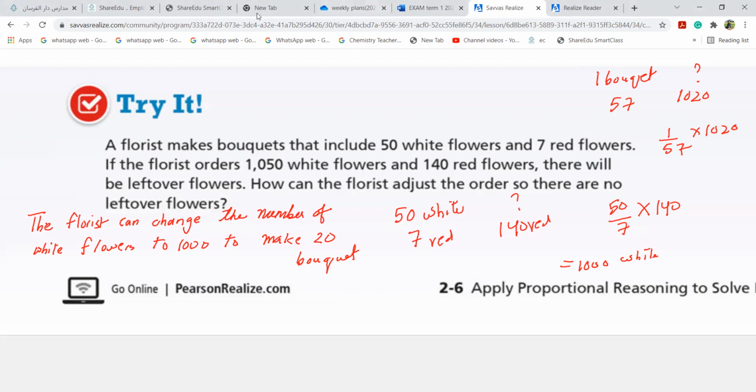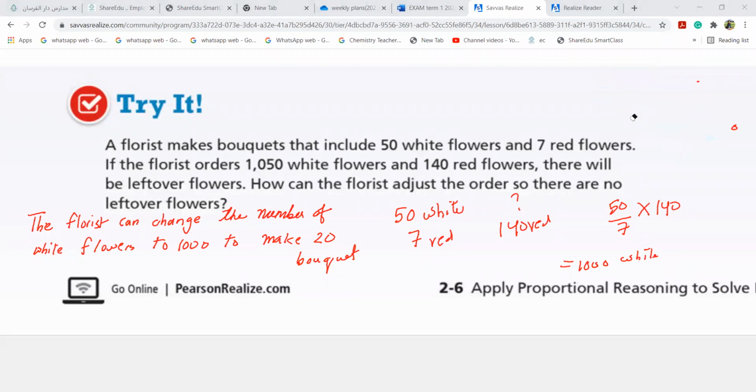Miss, if they did 1,050 and 147, it would be 21 bouquets, right? Yes. It did not ask us, but because we have an example up there. That's it, girls. Don't complicate it more.